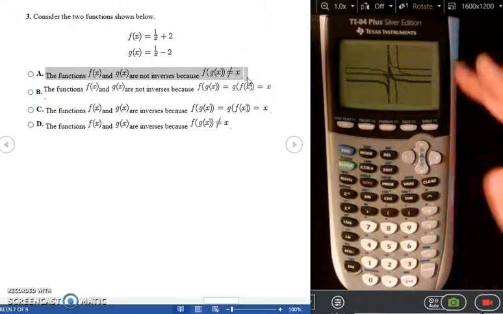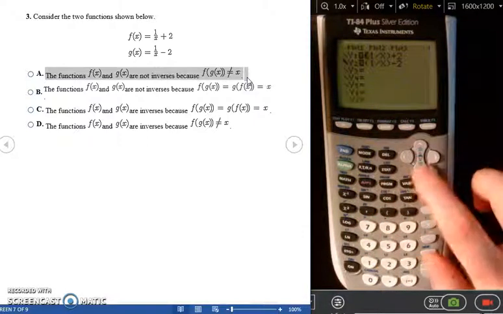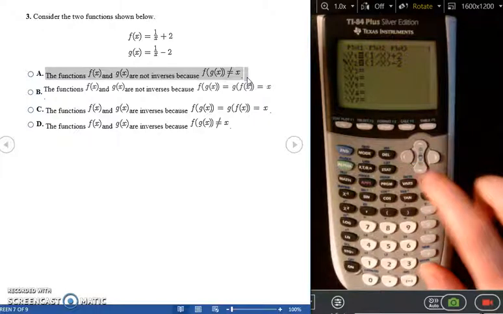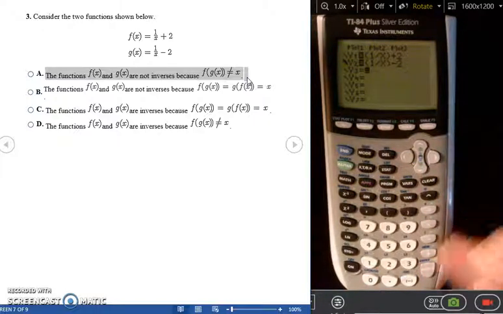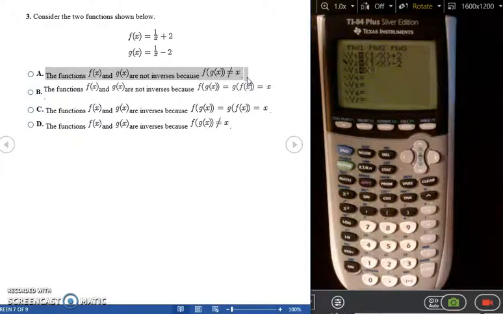The second way that you could do that is by going into y equals and making y3 equal to x. And that's going to show you what it should be reflected over.